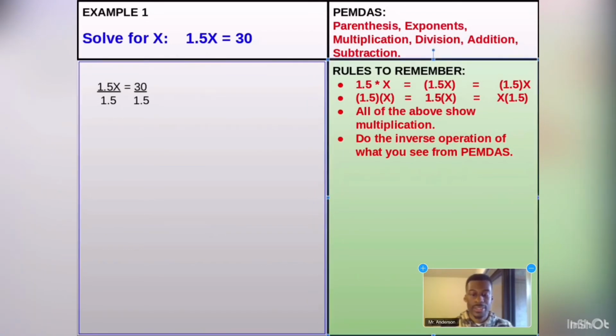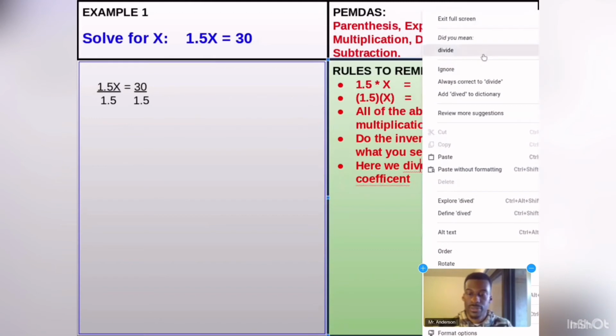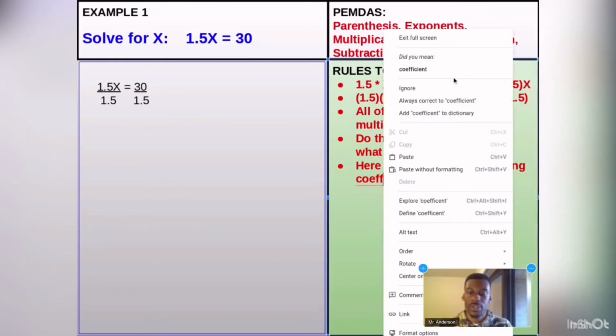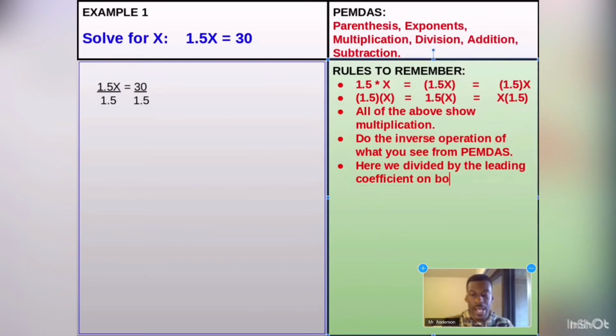Now, I said a word, leading coefficient. You may not know what that is. Let's just make it real simple. Here we divide it by the leading coefficient on both sides of the equal sign. What is the leading coefficient?